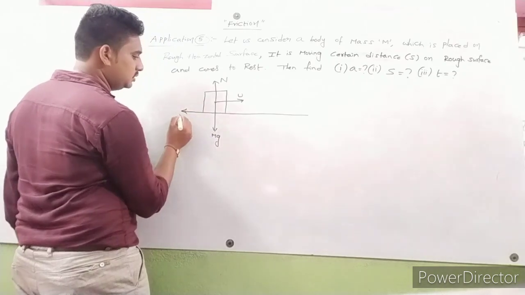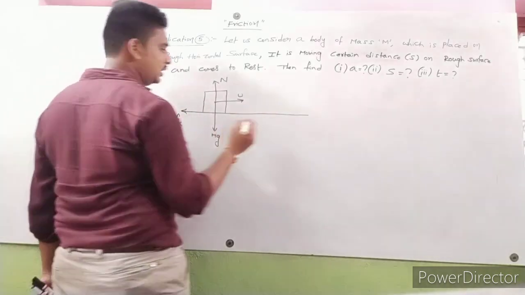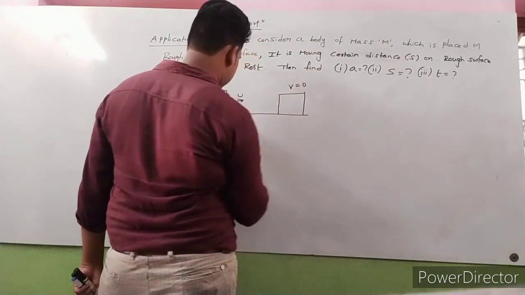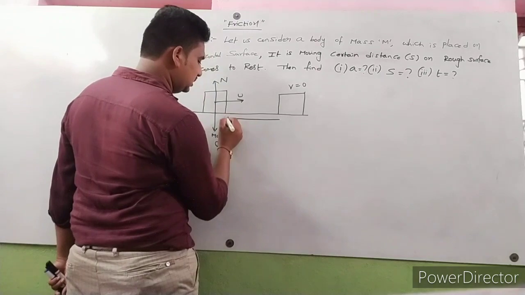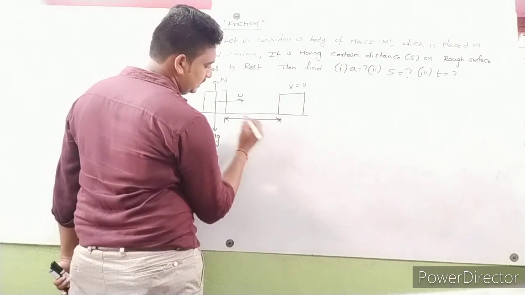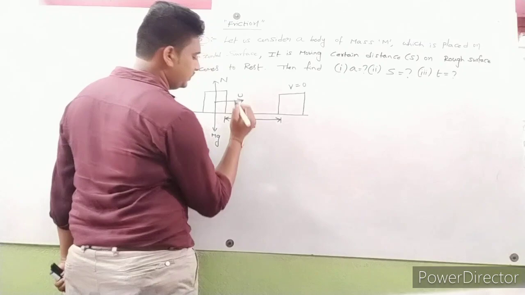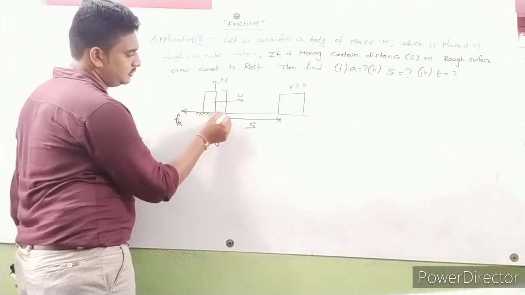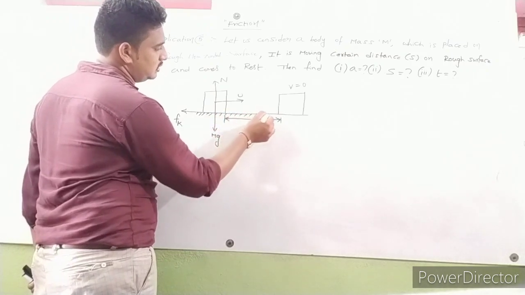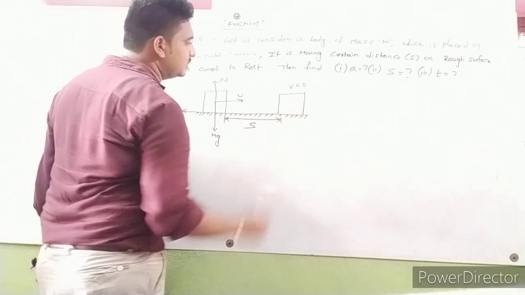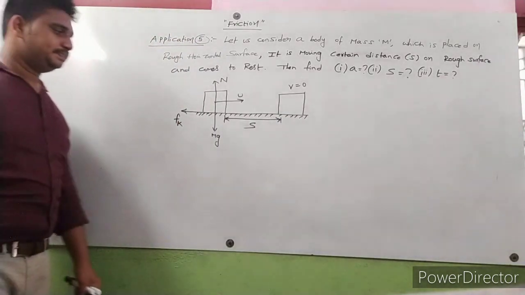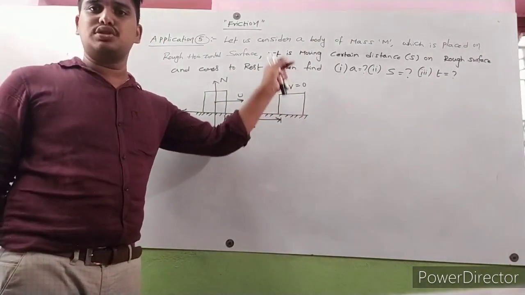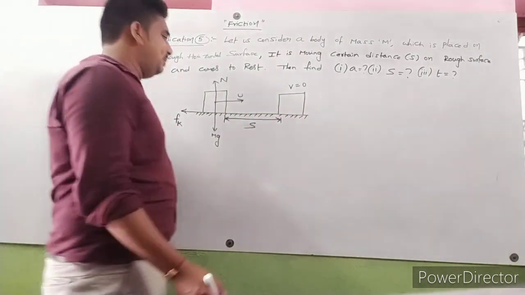This is the frictional force F_k. The block is in motion and it comes to rest, covering some distance. The surface is a rough surface, so the block is sliding on the rough surface, and after some time it comes to rest.